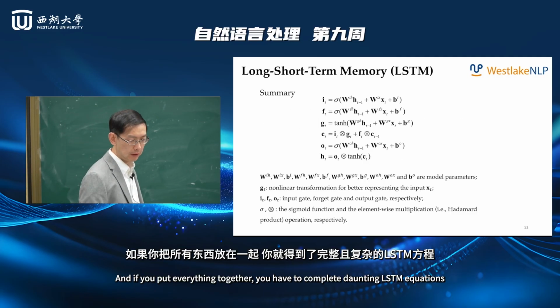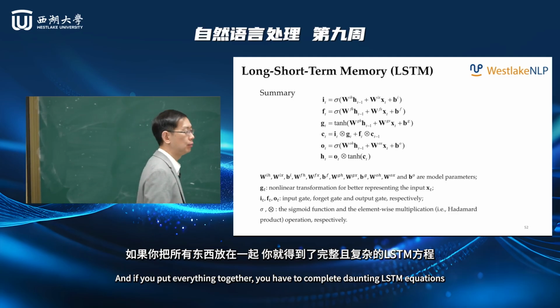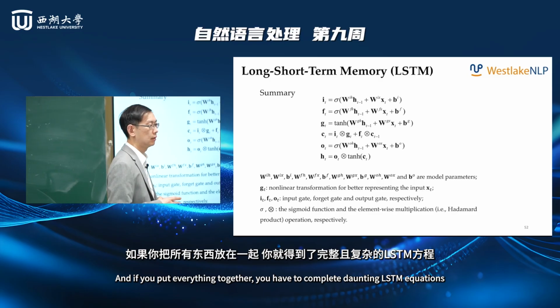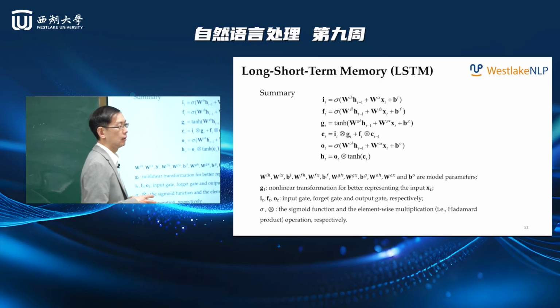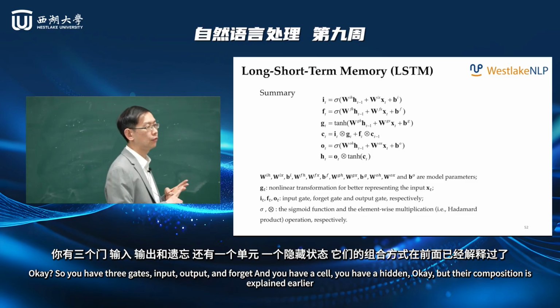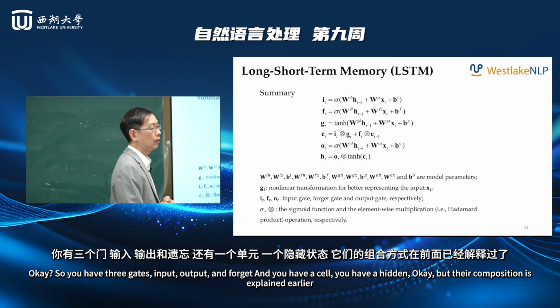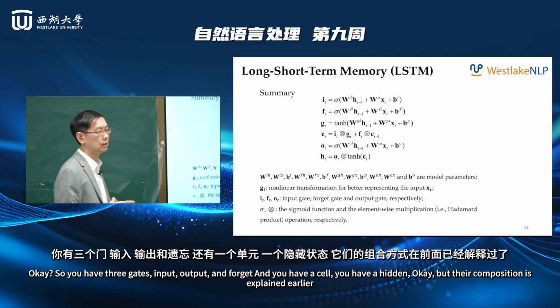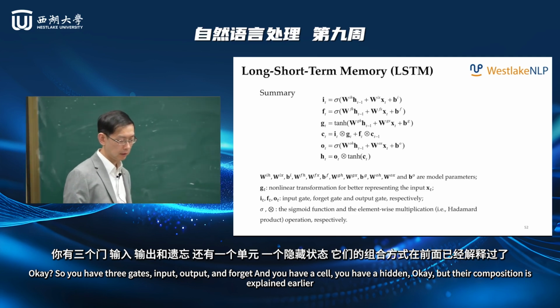And if you put everything together, you have the complete, daunting LSTM equations. So you have three gates: input, output, and forget. And you have a cell and a hidden state. Their composition was explained earlier.